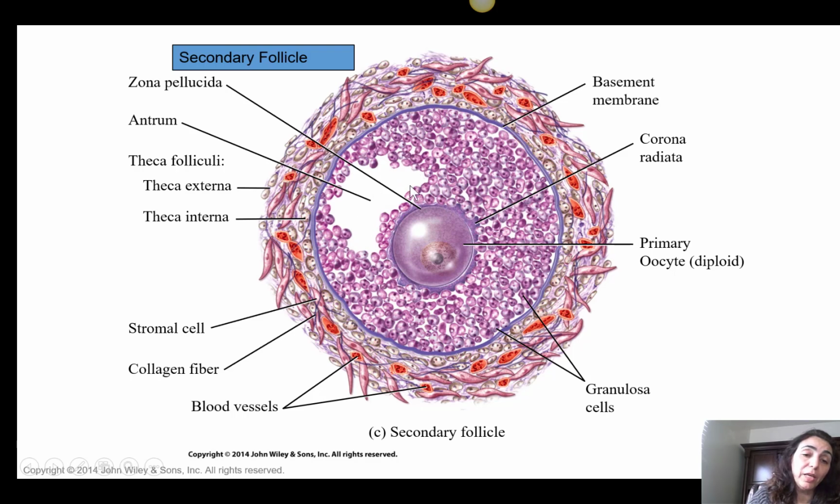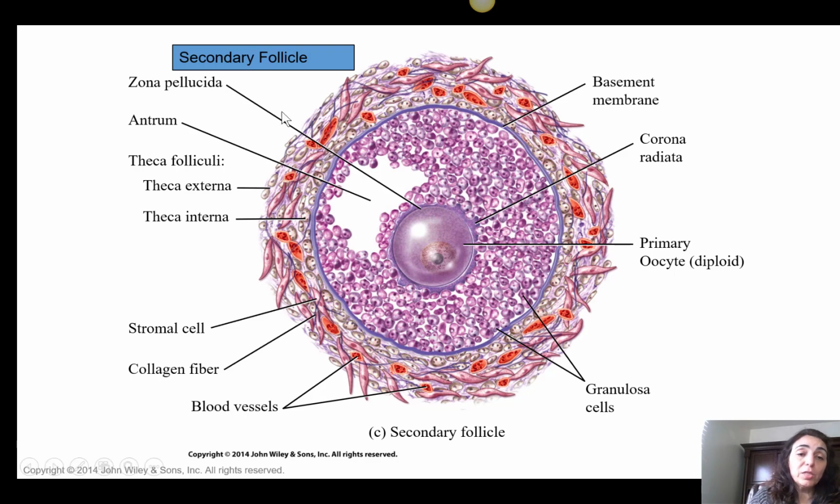They go into one space and make this antrum, right? This antrum still is small. When it becomes big and completely surrounds the oocyte, that is the time of a mature follicle.